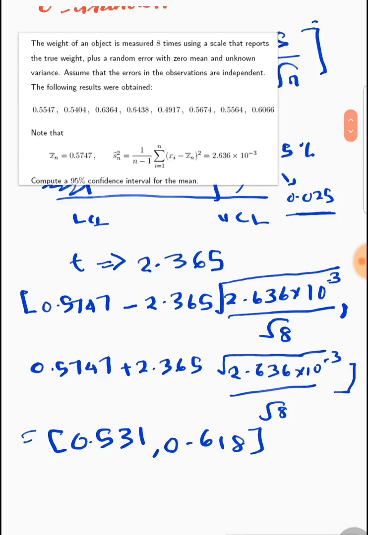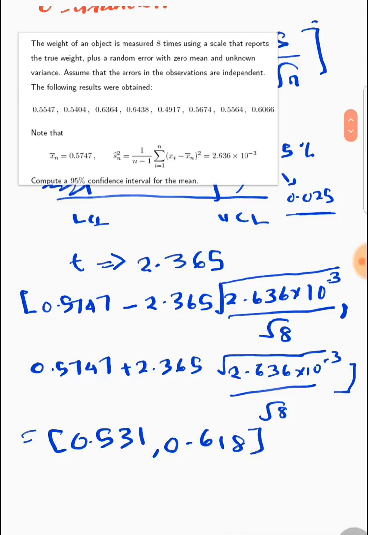In the videos we have covered the concept of the confidence interval and the most important formula. When your sigma is known, you use the Z table, and when sigma is unknown, you use the t distribution.